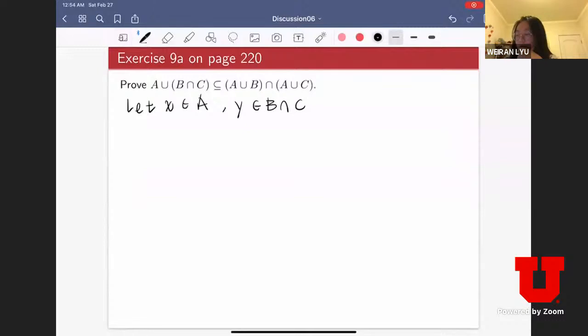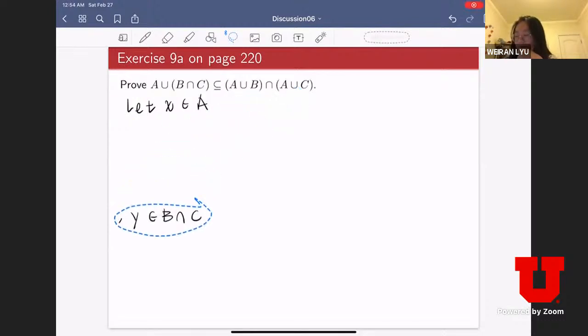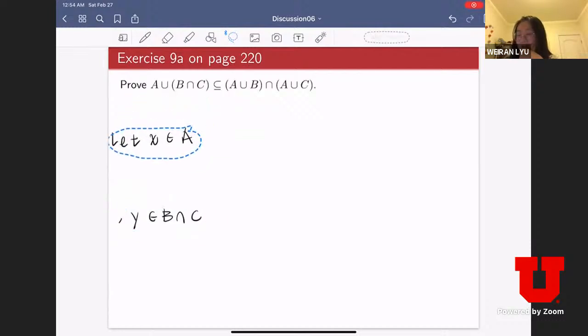What you actually want to do is, instead of starting with letting X belong to A and letting Y belong to B and C, you probably want to first let X belong to the union of these two.